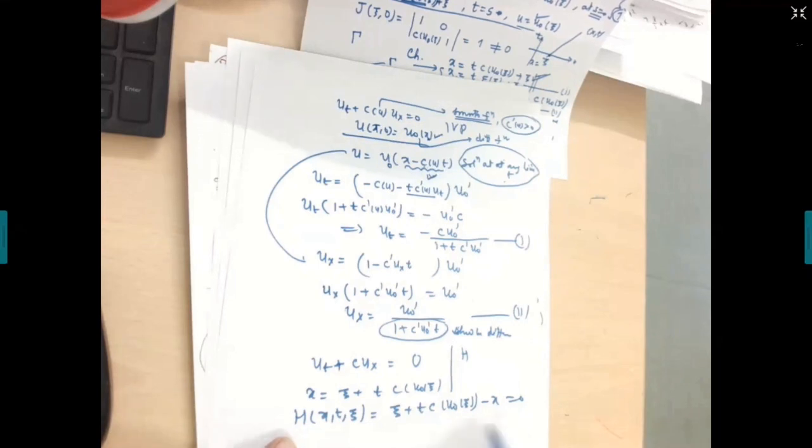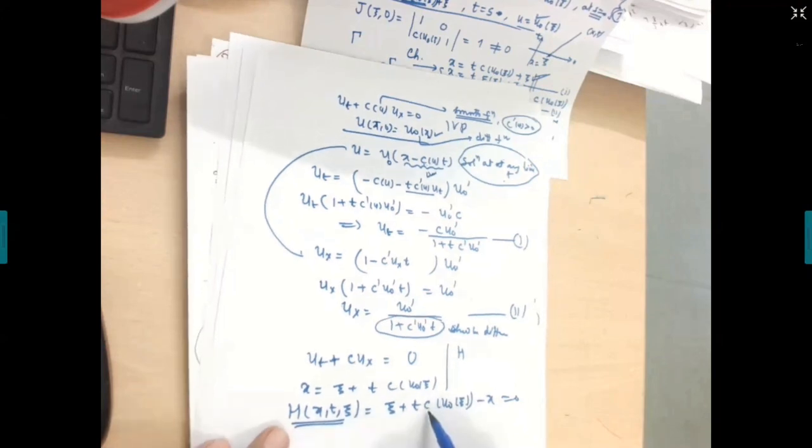Now, what is the condition needed? It's a smooth function, this is also a smooth function, all smooth. The condition that xi can be expressed as a function of t is that h_xi should be different from 0 at this point x, t, xi.